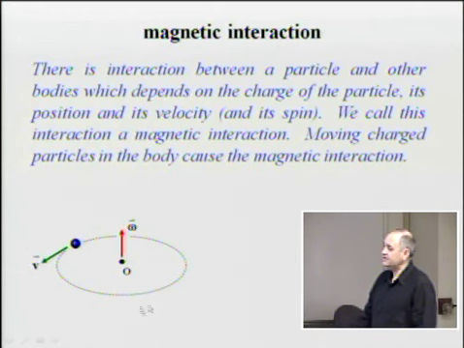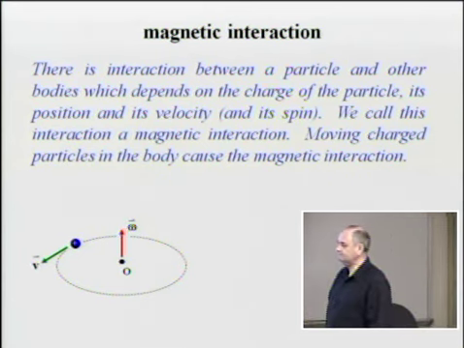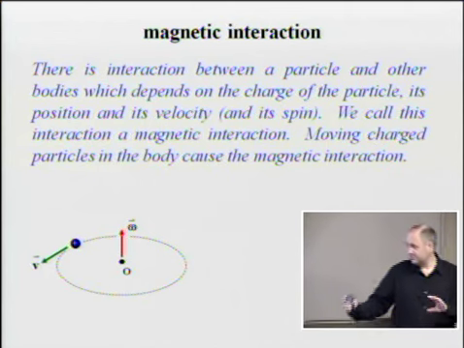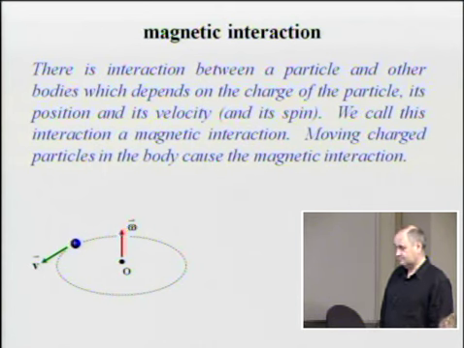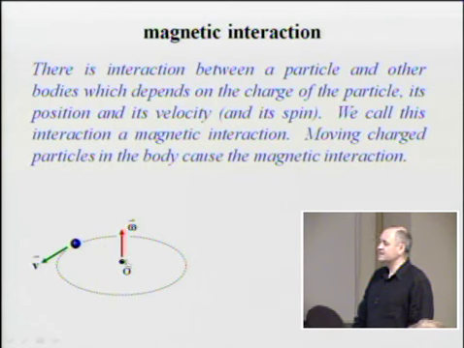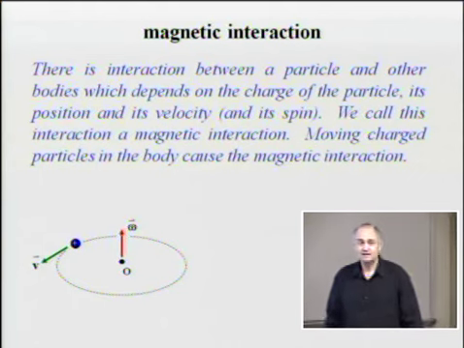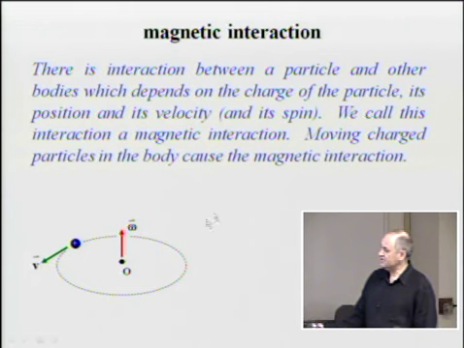If the space has a uniform magnetic field, so the properties of the magnetic field are the same throughout a larger space, then the particle is going to move along a circular path with a constant angular velocity. So I mark here the angular velocity of the particle.